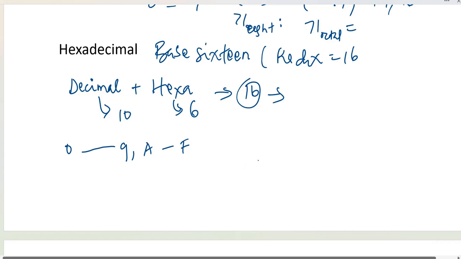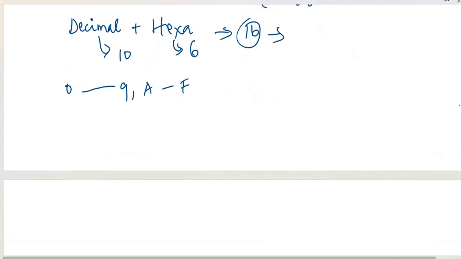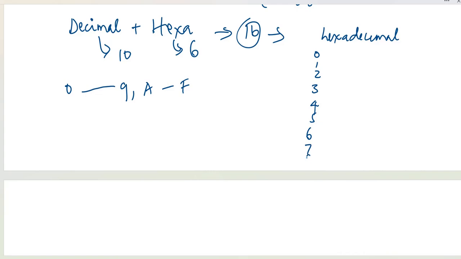Okay. Now, let me write the numbers for hexadecimal. So if I have hexadecimal here, my numbers will run from 0, 1, 2, 3, 4, 5, 6, 7, 8, and 9.